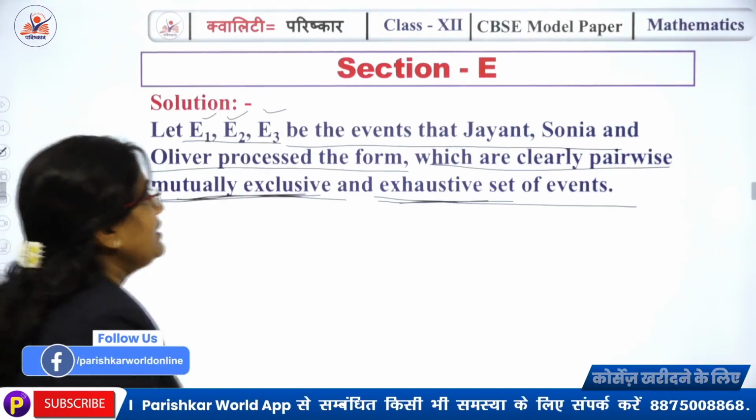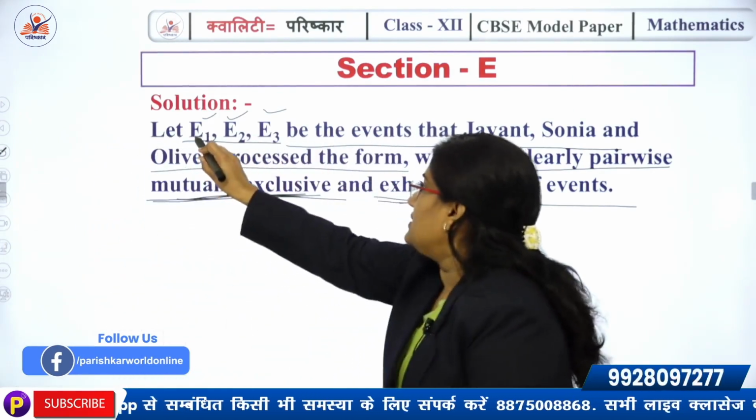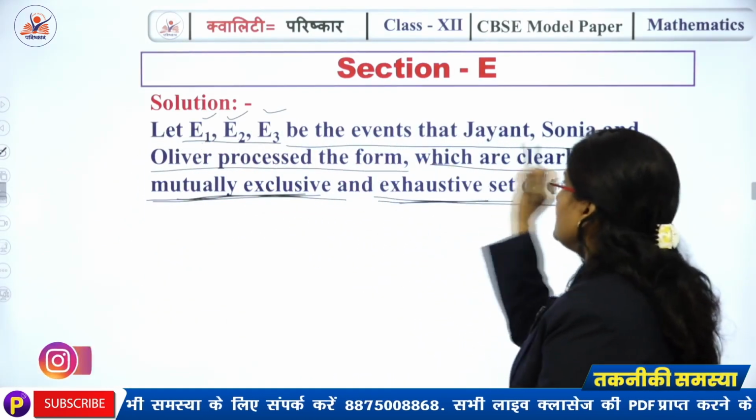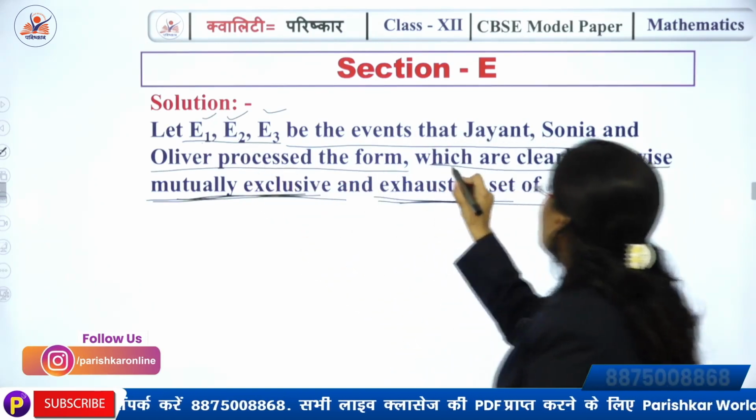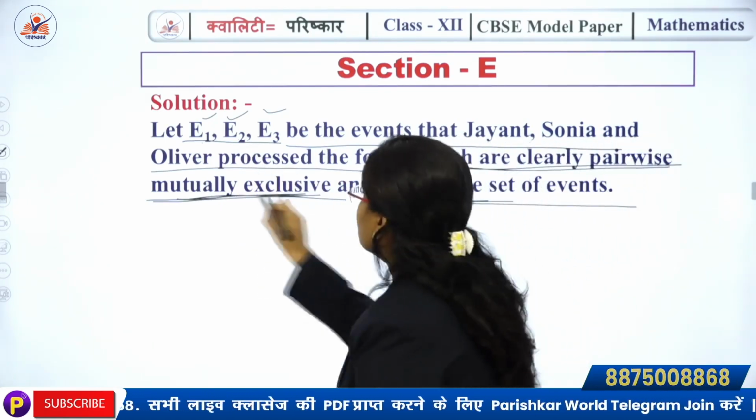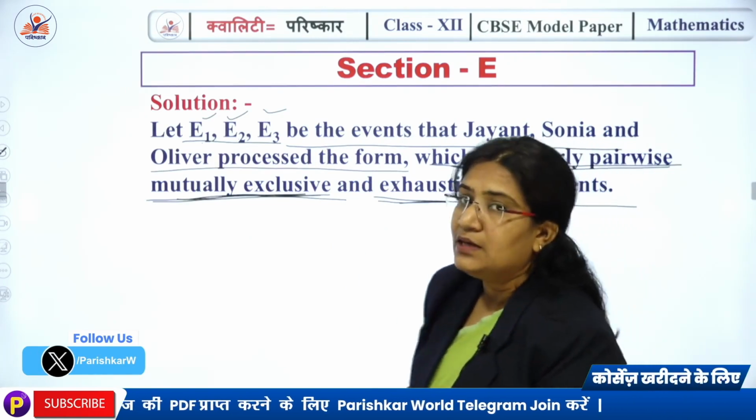Students, here we can see that E1, E2 and E3 are the events that Jayant, Sonia and Oliver process the forms, and which are clearly mutually exclusive. Exclusive means nothing is common.